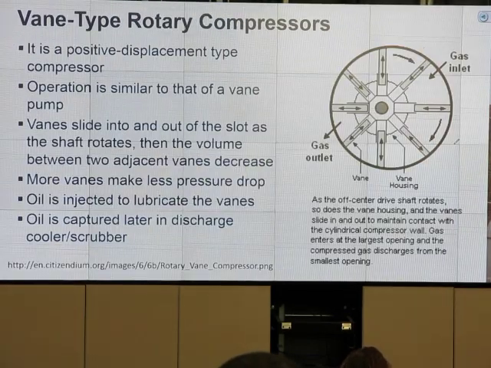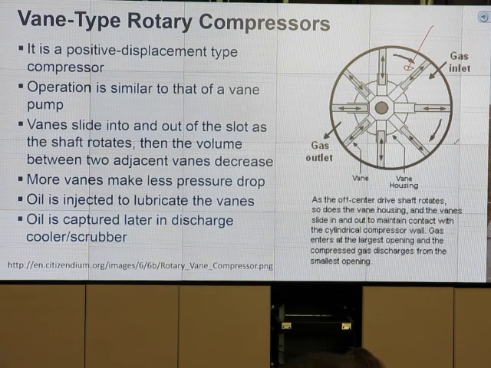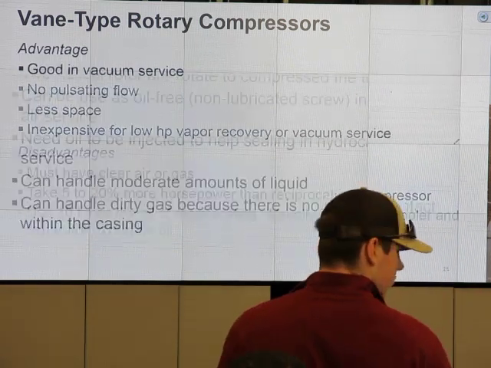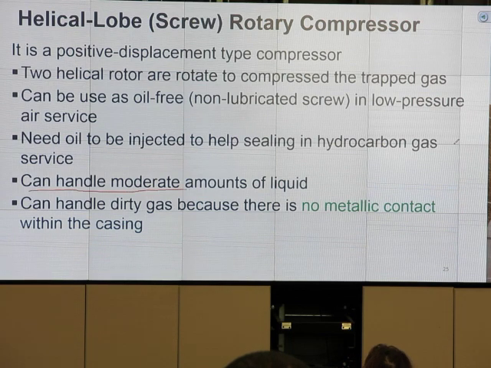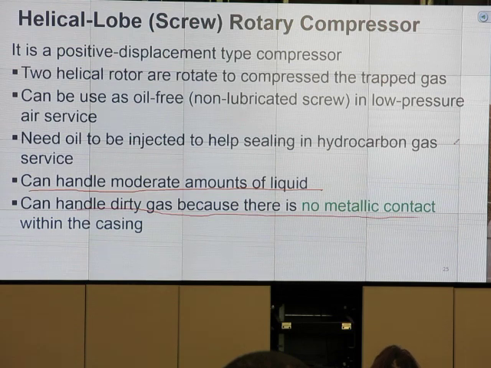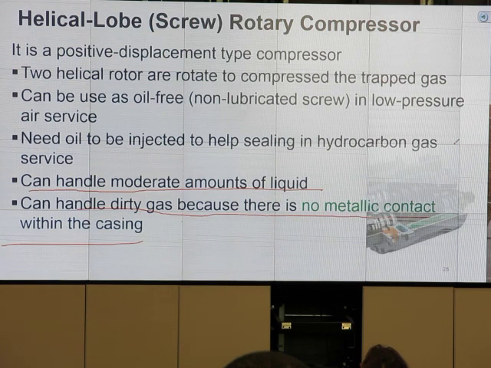Rotary vane needs clean gas and it is a PD type. Helical lobe can handle a moderate amount of liquid. It handles dirty gas because there's no metallic contact with the casing.